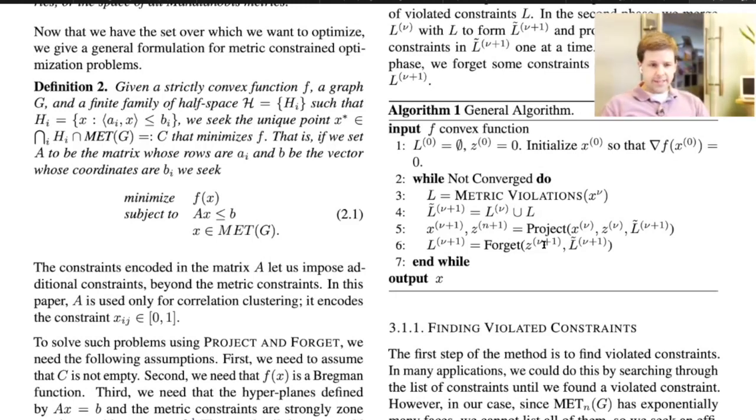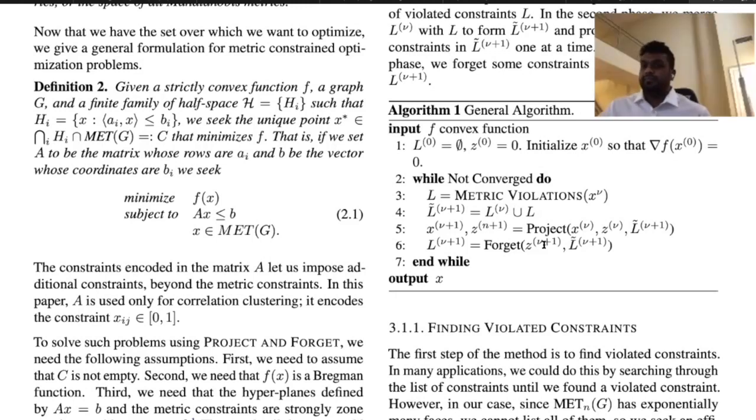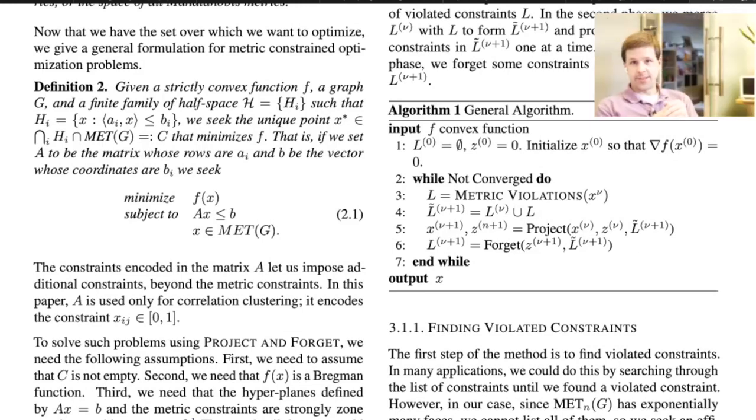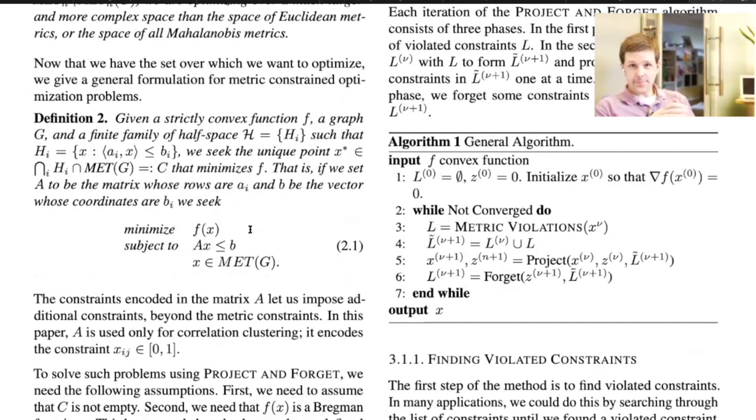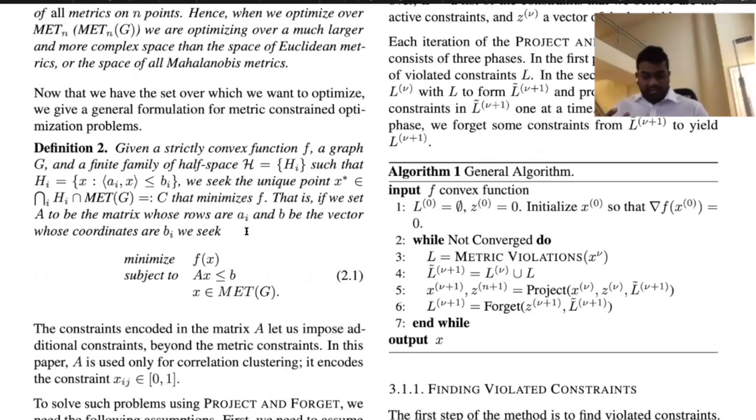Now, taking a step back, if you had asked me how you would set up the metric constraints, I would have said we need to satisfy these n cubed triangle inequality constraints. But those aren't what you're using as the constraints for the metric violations, are they? No, we actually generalize the triangle inequality to what we call cycle inequalities.